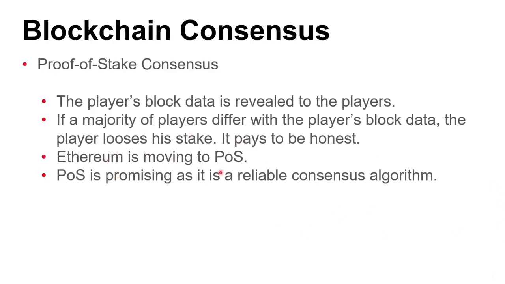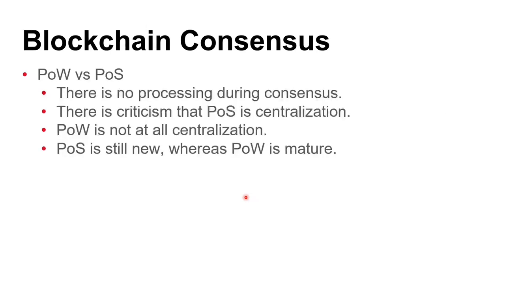Ethereum is moving to proof of stake, and proof of stake is promising as, again, it is a reliable consensus algorithm and is much less expensive. So with proof of work versus proof of stake, again, there is no processing during consensus.